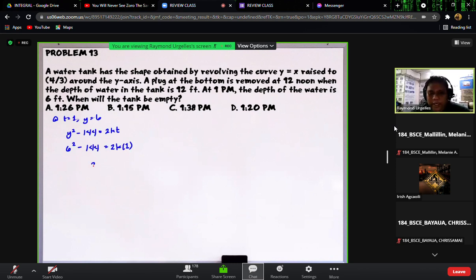So solving for 2k, 2k is equal to negative 108. So therefore, yung equation natin becomes y squared minus 144 is equal to negative 108t.